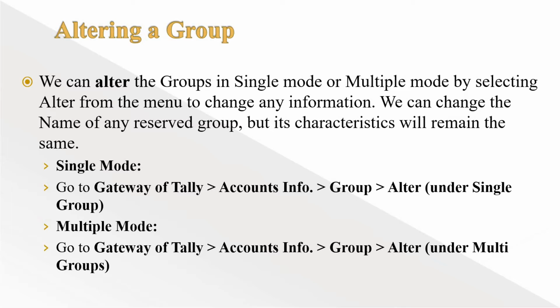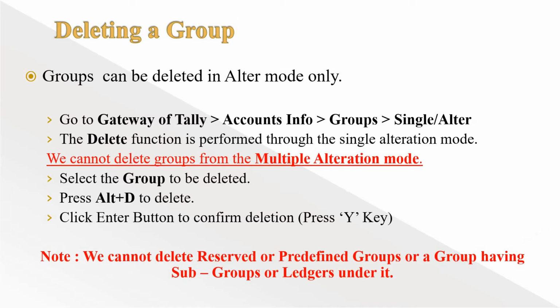Think that we have to make some changes to the parent of a group. In that case, for all these groups I have mentioned, bank, bank OCC, cash, sundry debtors, creditors, we cannot make the changes once it is already used in a voucher. Right now, let's proceed to the next one.